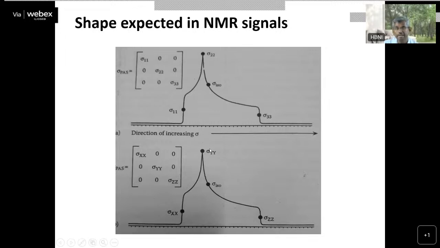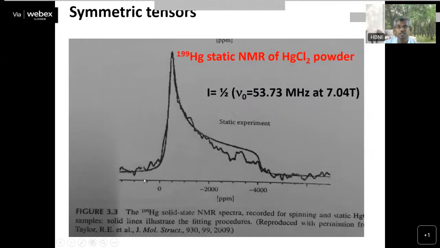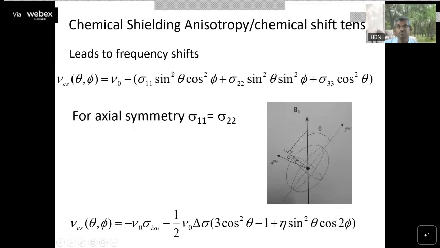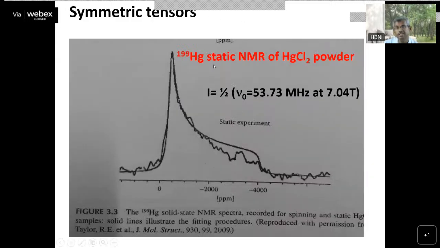Here, if sigma XX or sigma YY, that is sigma 11, is equal to sigma 22, what happens? We will get a similar line shape. Here sigma 11 and sigma 22 are different, but if you take sigma 11 and sigma 22 the same, then we get exactly this line shape.